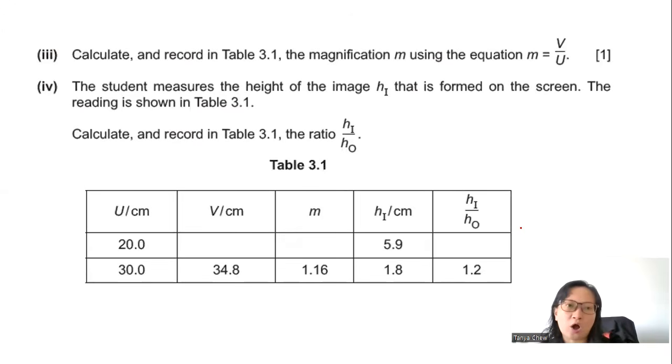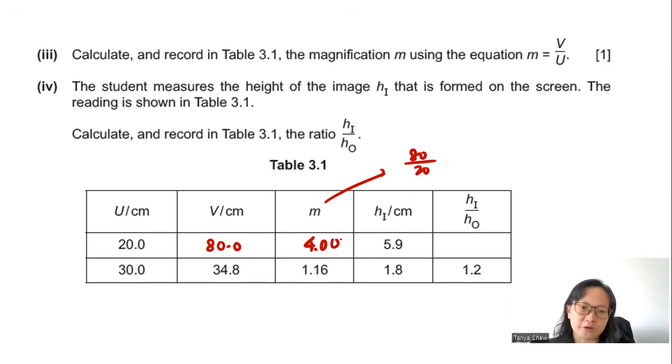Third, calculate and record in table 3.1 the magnification m using the equation m equals v over u. Now I fill in my v first, which is 80 cm. My magnification would be 80 divided by 20, so I got 4 as my answer. I put it in 3 significant figures because my m for u equals 30 cm is 3 significant figures.